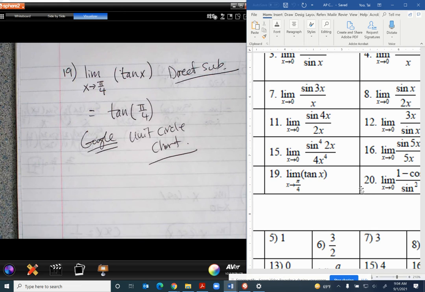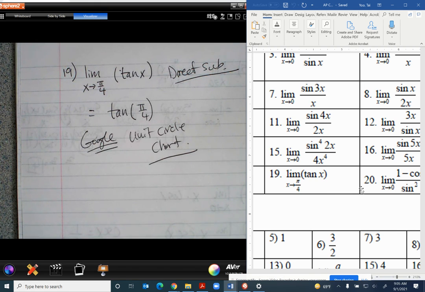Get a unit circle chart PDF file and find tangent pi over 4. I'll let you use the printout of that. I'm that nice. I'll take care of you, but you need to find the correct table.